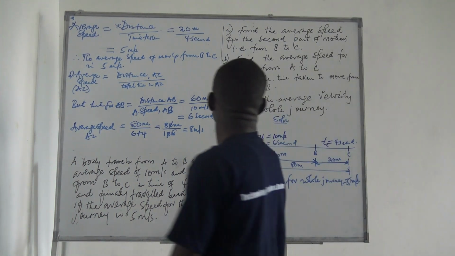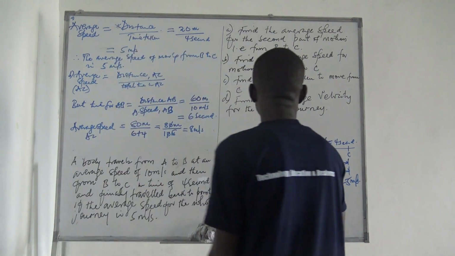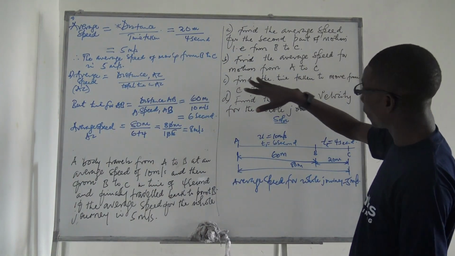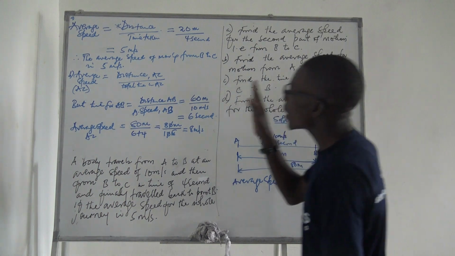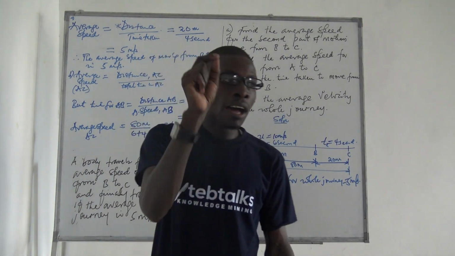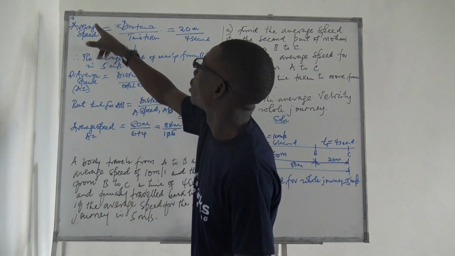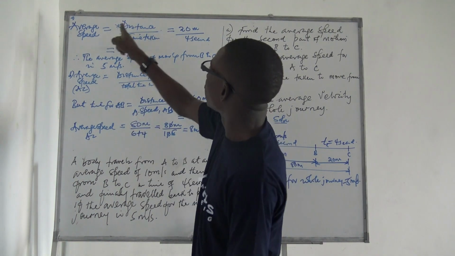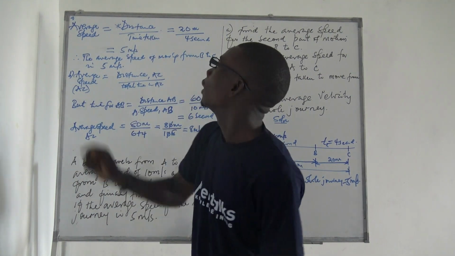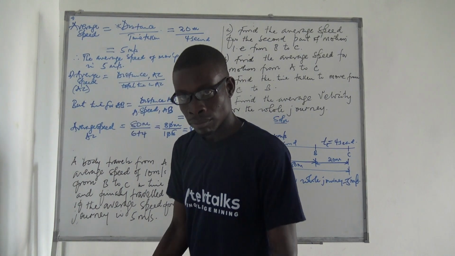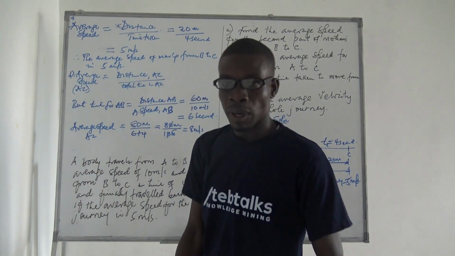Is that okay? So we say that if you are to find the average speed of motion from A to C, our general formula is average speed is given by distance divided by time. That is the general formula we are going to use.